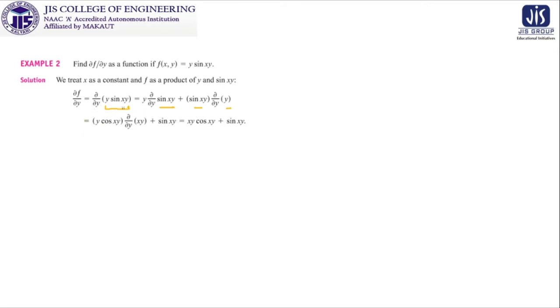So del y of sin xy, how to find it? We write y as it was and the derivative of the sine function will be the cos function. So del y of sin xy will be cos xy.